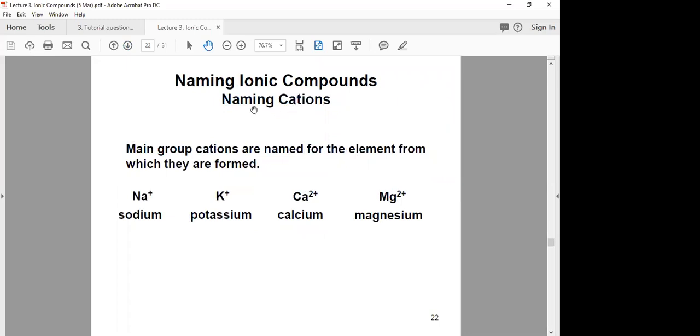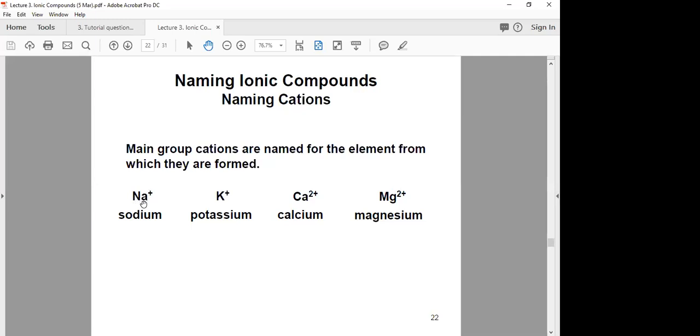All right, now we're going to move on to naming cations. The way that we name ionic compounds or ions is a bit different to how we name covalent compounds, which we'll look at next week. Okay, so hopefully I can tease out those differences for you. Now, when we look at the main group cations, they're simply named for the element from which they're formed. In other words, the name doesn't change, whether it's neutral or whether it's charged.